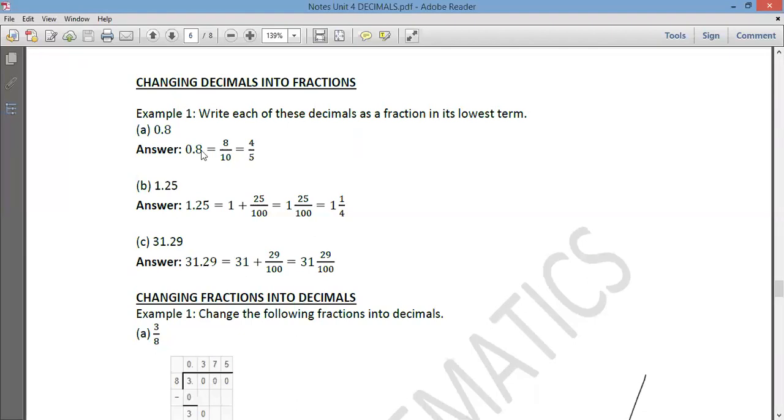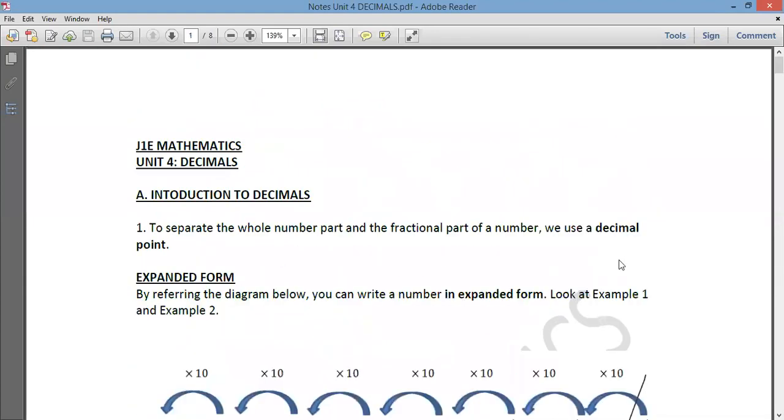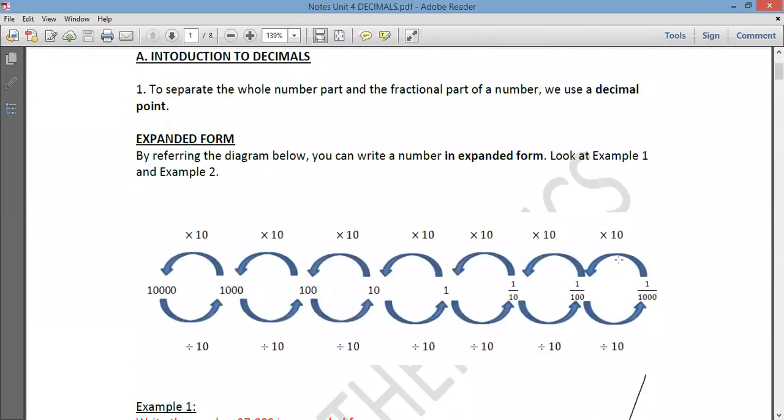Okay, so 0.8 equals 8/10. Remember the first figure on the first page of these notes? You see 0.8. So 8 is the first number after the decimal point. So we go back to this figure. The decimal point is here.